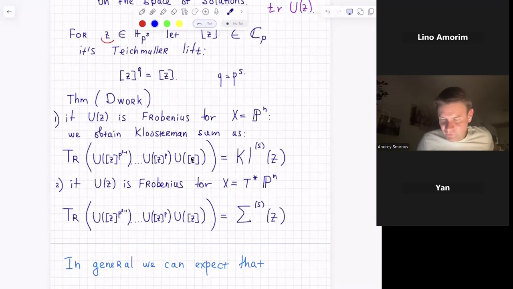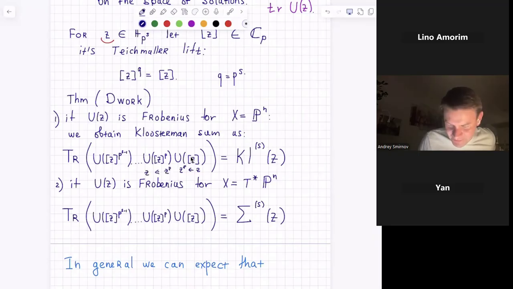If you compute the Frobenius intertwiner for the quantum differential equation associated with P^n, so for the Bessel equation, then you can reiterate the Frobenius intertwiner s times. In total, the Frobenius intertwiner sends z to the power p, then z to the power p to z to the power p squared, and so on. And last you arrive at z to the power q.